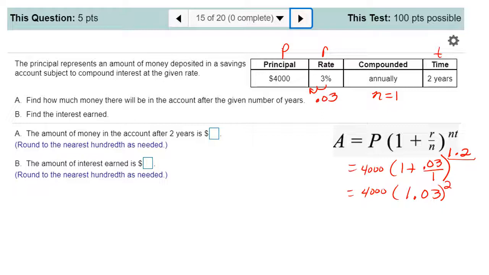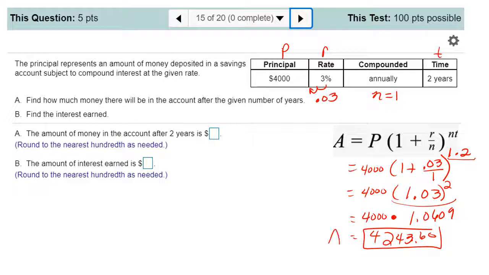Now, I need to go ahead and raise this to that second power. 1.03 raised to the second power is going to be 1.0609. And that times the 4,000 in front will give me $4,243.60.